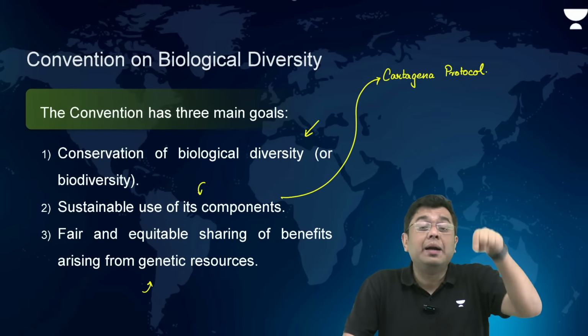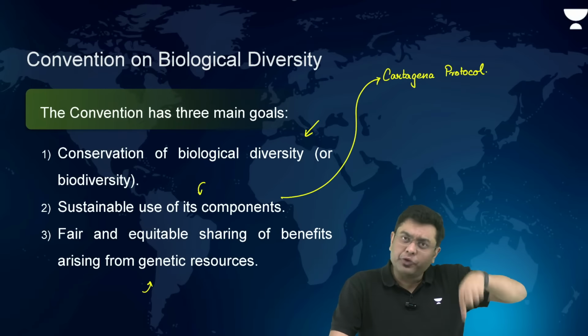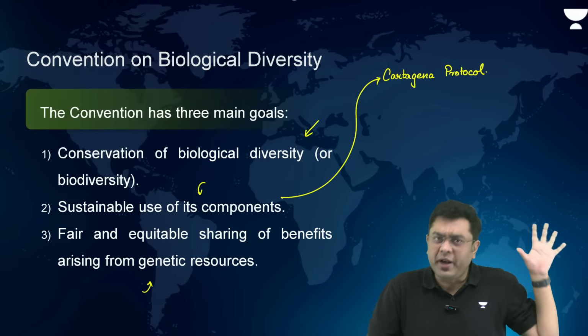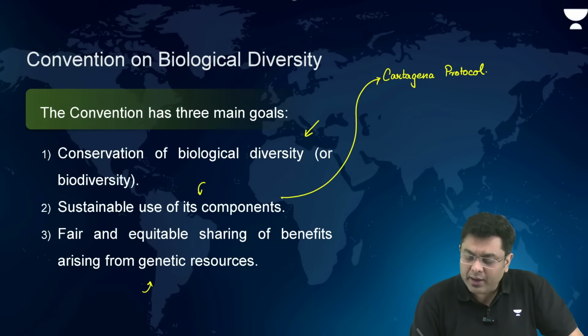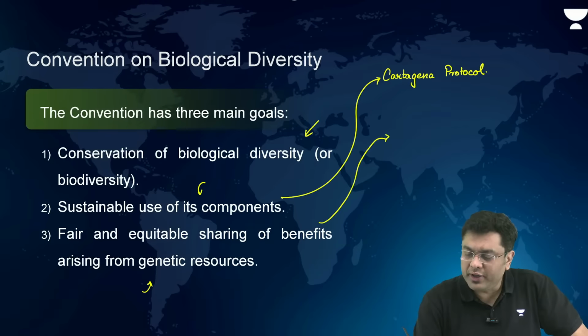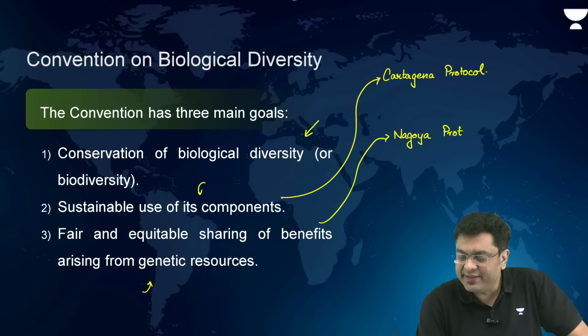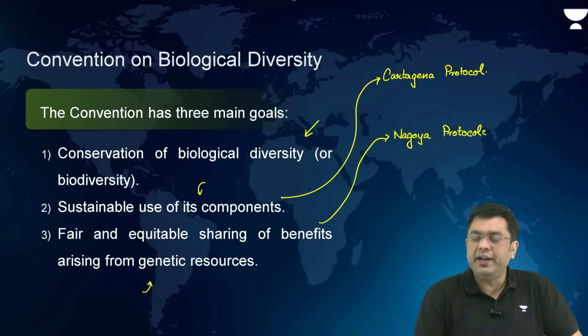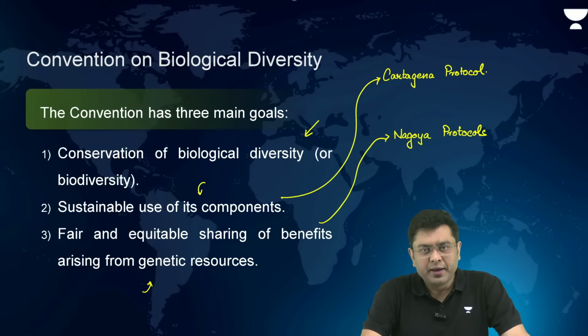So the local community should get the benefit associated. The traditional knowledge should be respected. So that is where, in order to ensure this, you had another protocol which was arrived at, that is the Nagoya Protocol. Okay, so these are the two protocols associated with CBD, right?